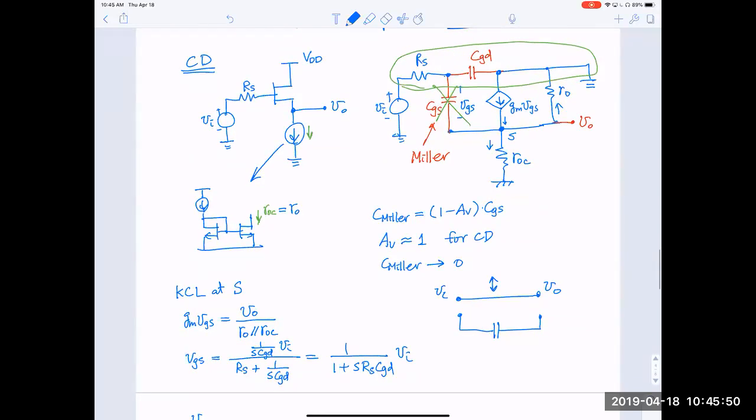Here should be more than one term: gm VGS, this term here, gm VO.